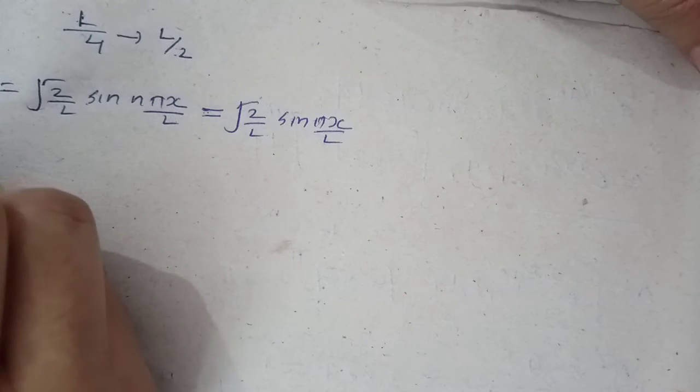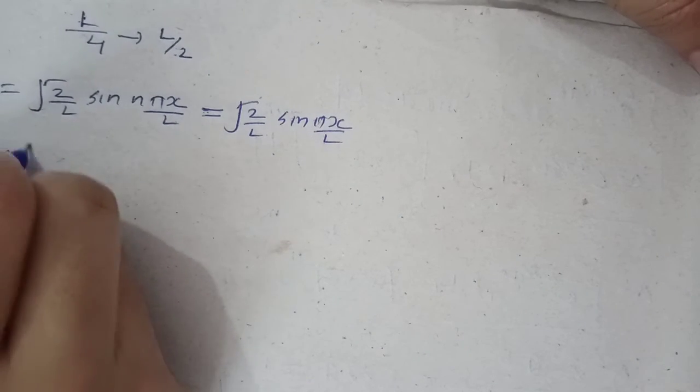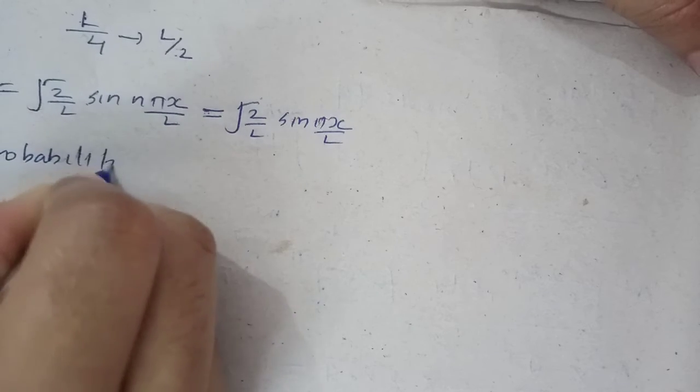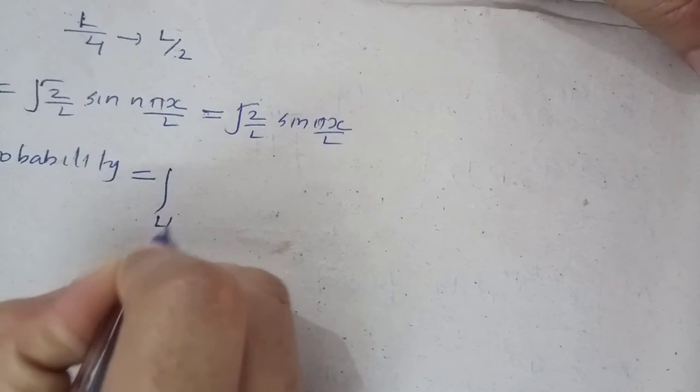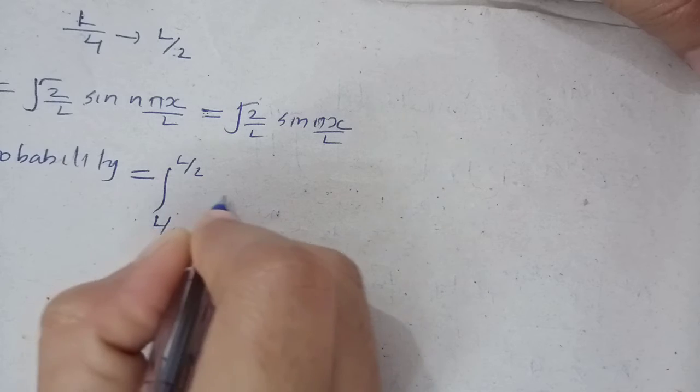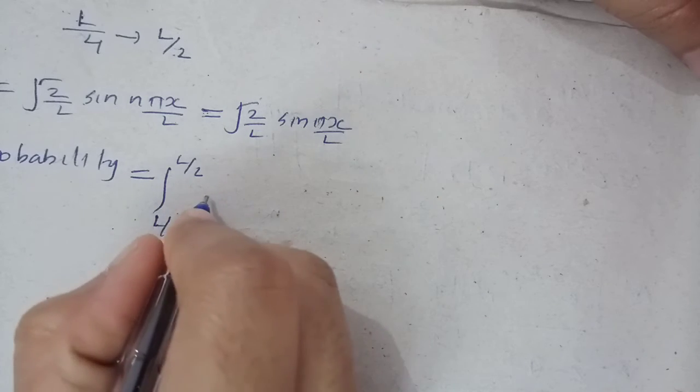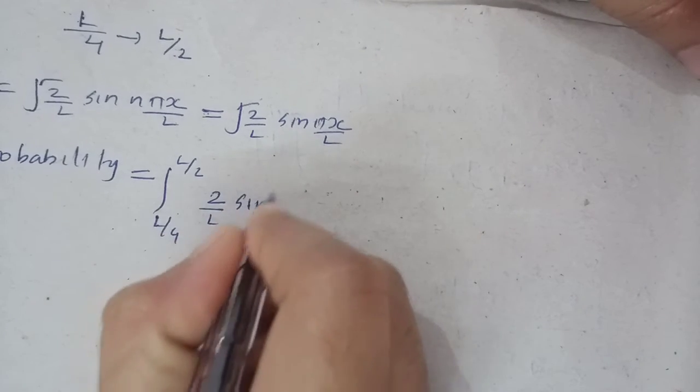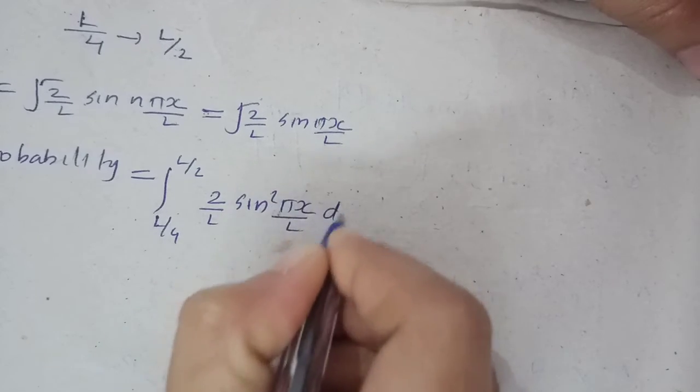And the probability from L/4 to L/2 of psi star psi is 2/L sin squared (pi x / L) dx.